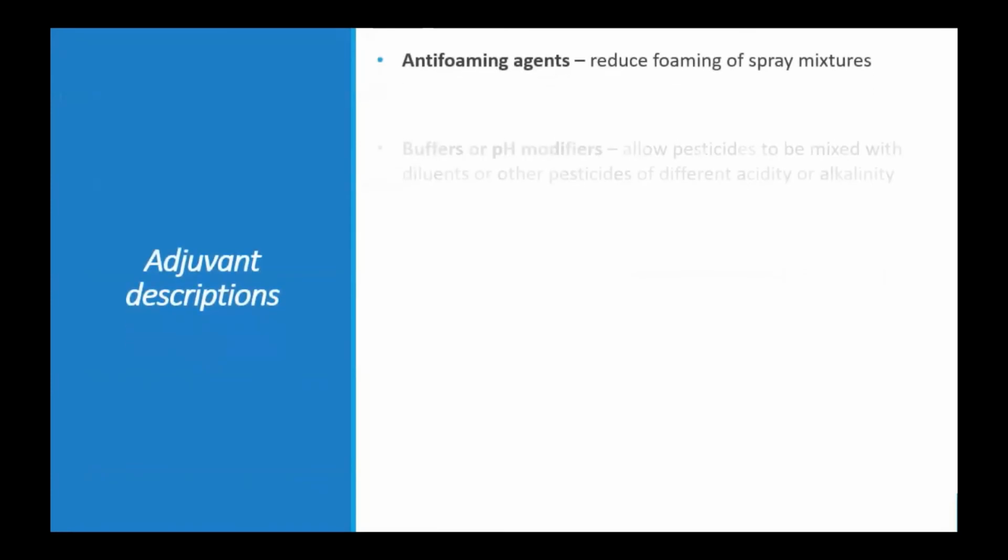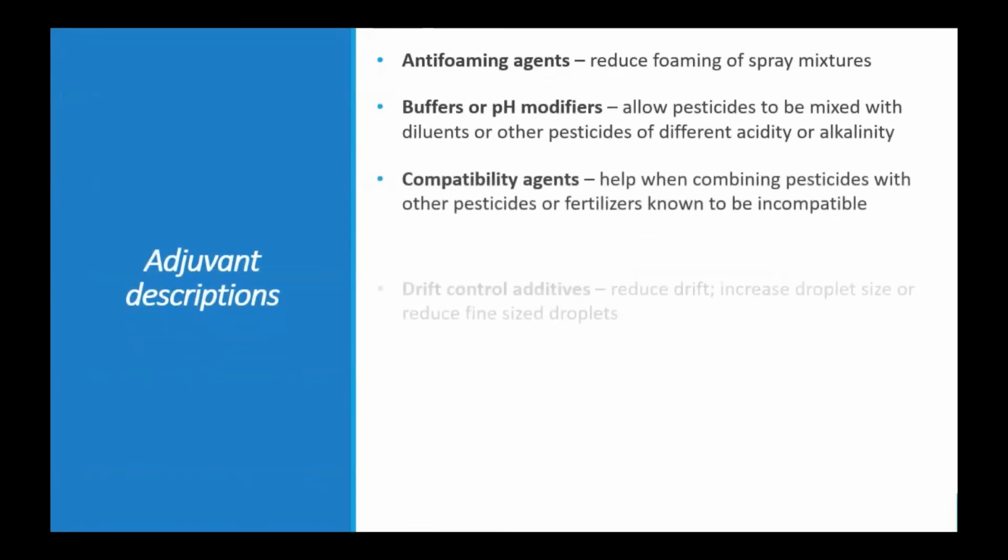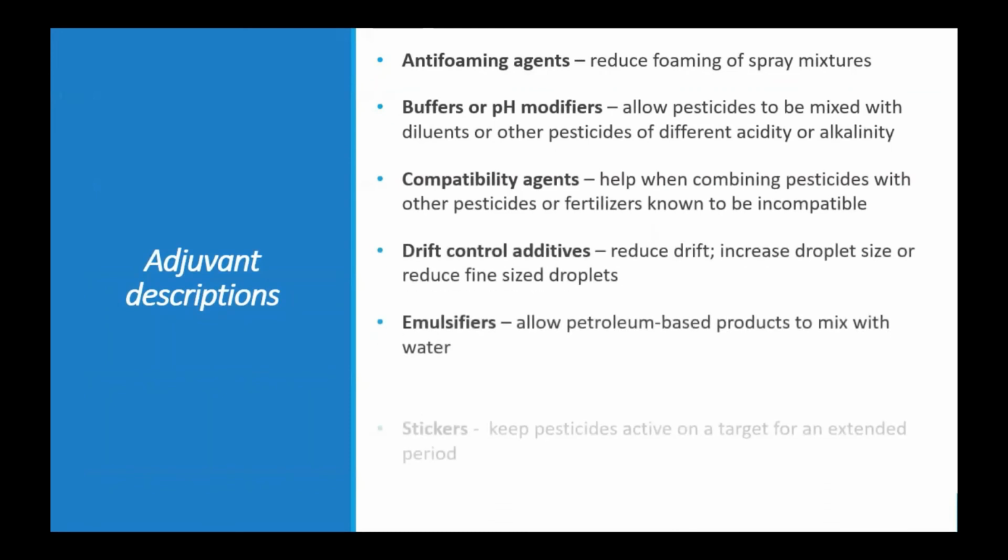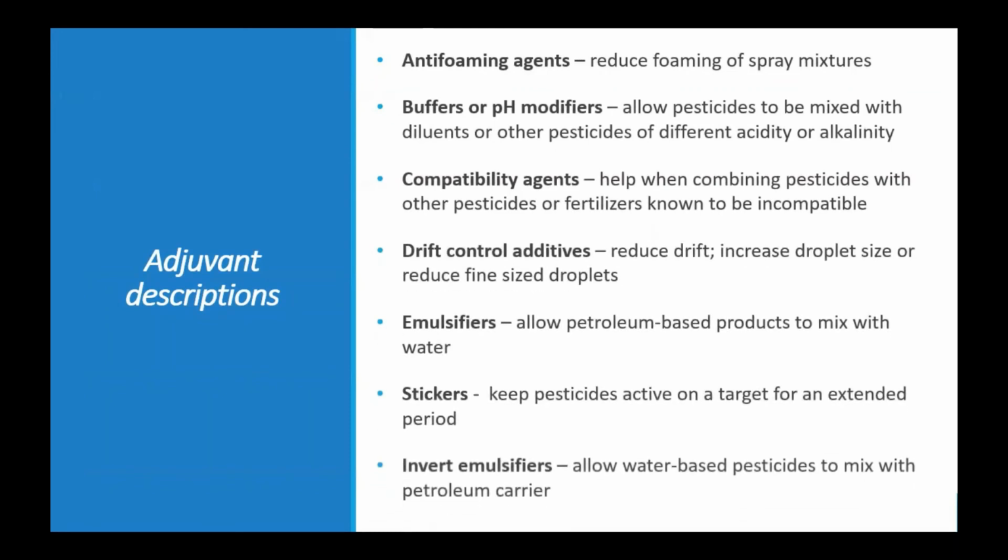This slide describes some of the types of adjuvants. Anti-foaming agents reduce foaming of spray mixtures. Buffers or pH modifiers allow pesticides to be mixed with dilutants or other pesticides of different acidity or alkalinity. Compatibility agents help when combining pesticides with other pesticides or fertilizers known to be incompatible.